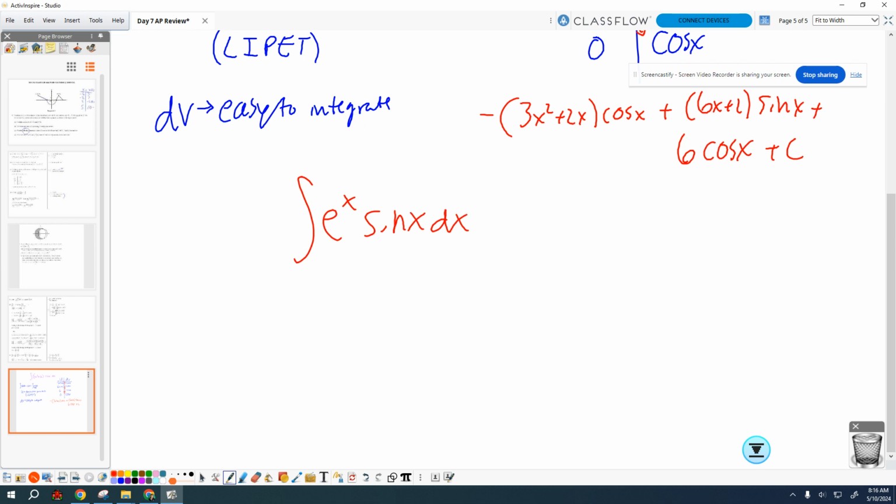Would they ever put that one? If they do, that one would be on free response and it would be a pain. It's 3 steps, right?